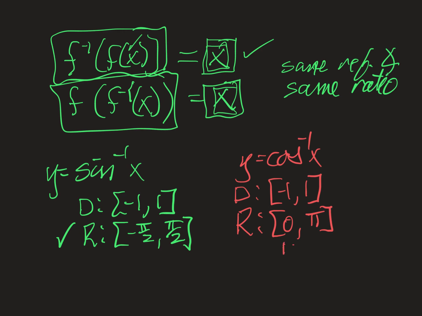So its range are first and second quadrant angles, whereas the inverse sine are fourth and first quadrant angles. The positive ones are in the first quadrant, the negative ones are in the fourth quadrant, and you're going in the negative direction. But notice the reference angles will match up. And then just for the last one, y equals inverse tangent of x.